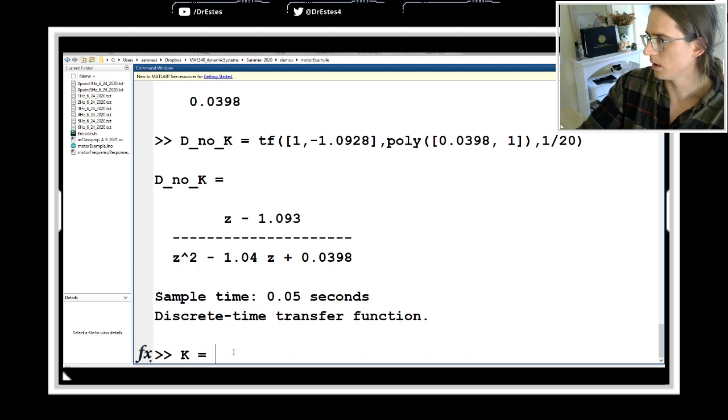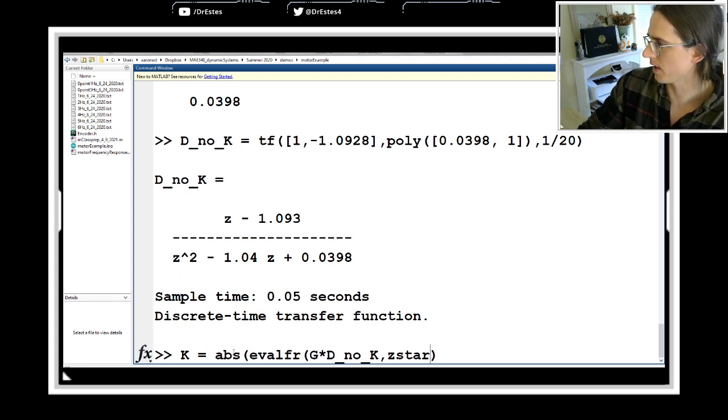So K is going to be, well, let's start with this. I take G times D no K. I'm going to evaluate that at Z star. I'm going to take the magnitude of that using the abs function, and then I'm going to do 1 divided by that.